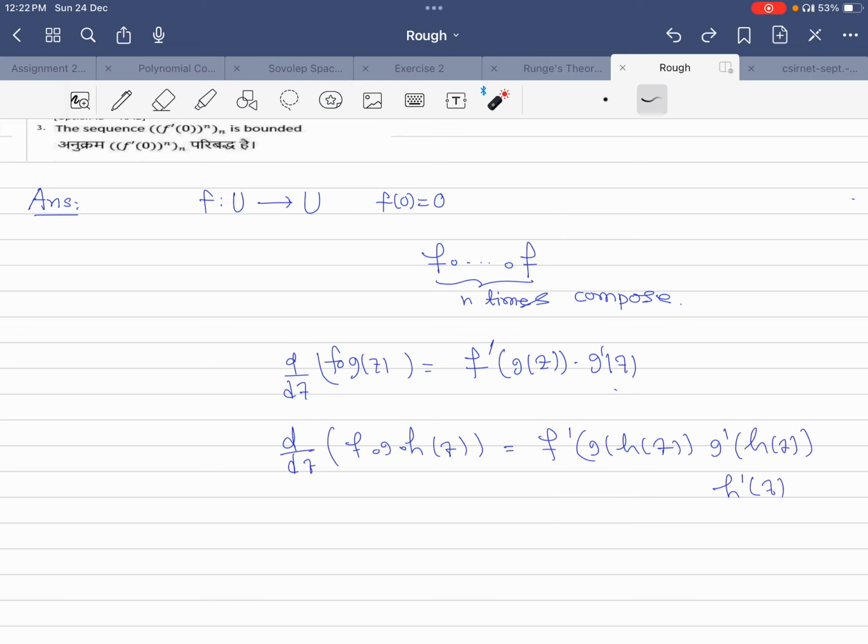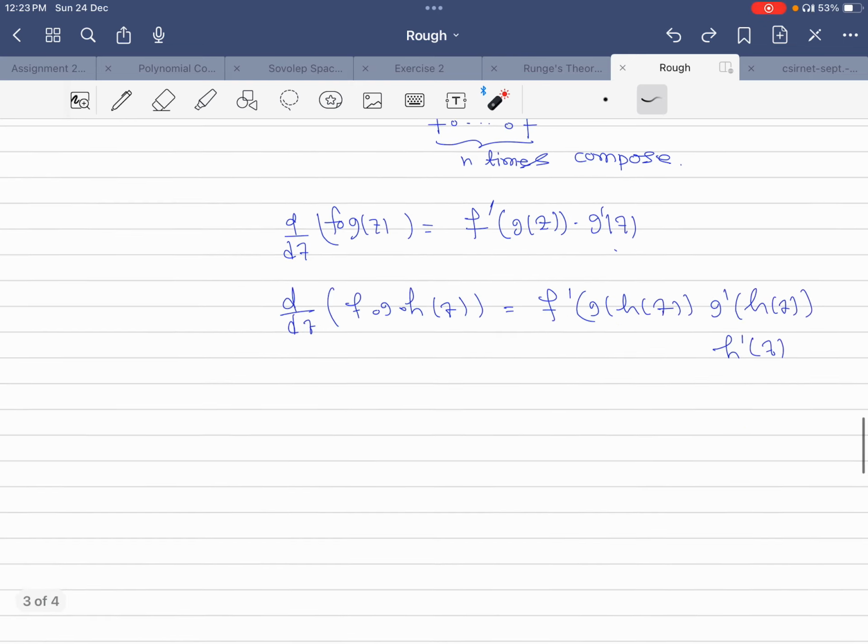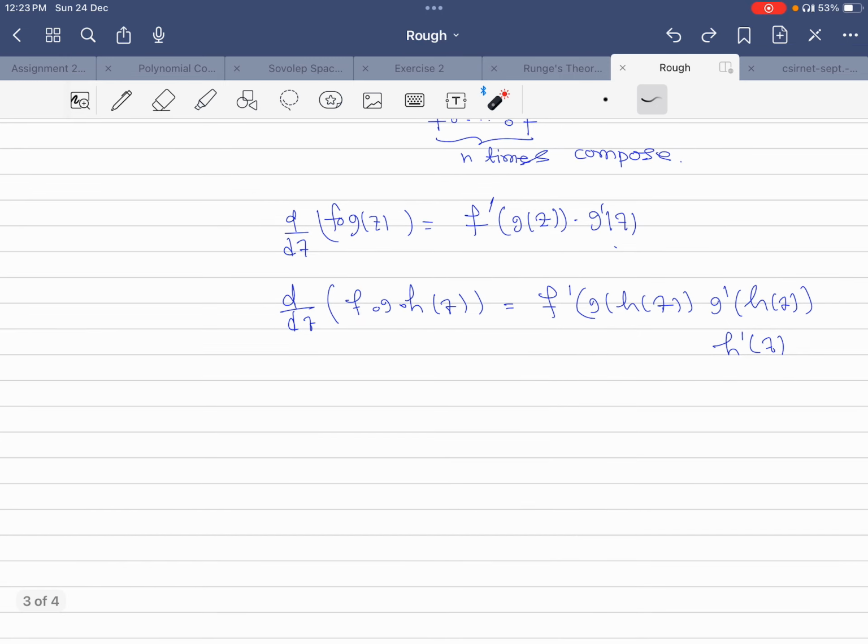For three functions, f composition g composition h, we know that d/dz of f composition g composition h at z is equal to f prime of g of h of z, times g prime of h of z, times h prime of z, right? So for n functions, it will be like that.